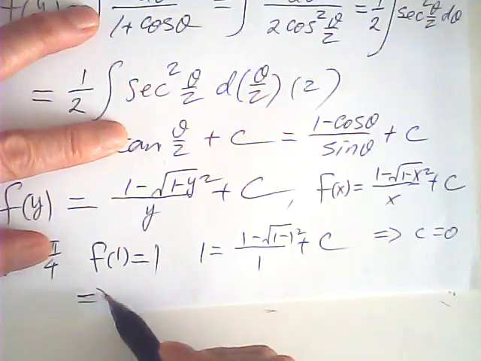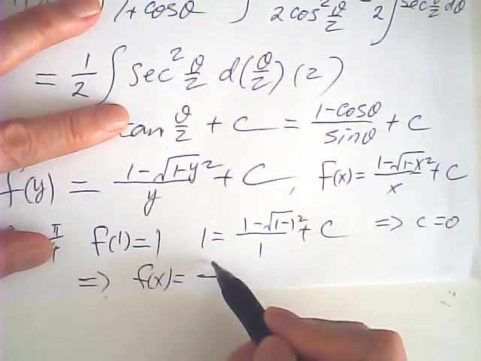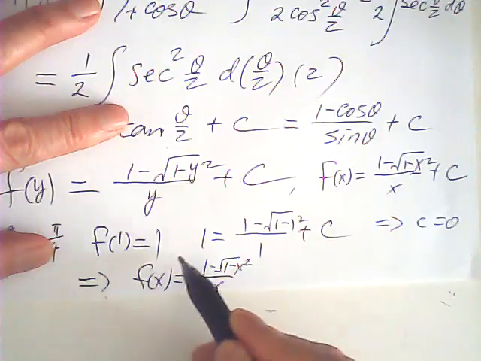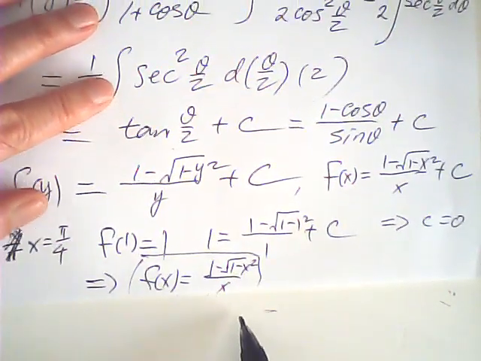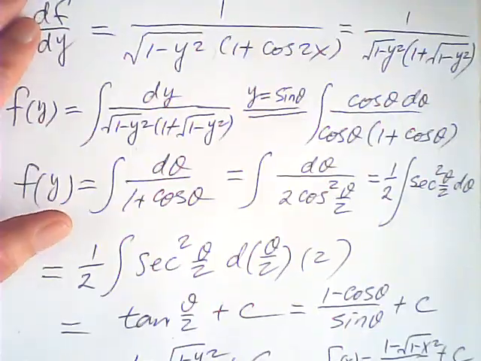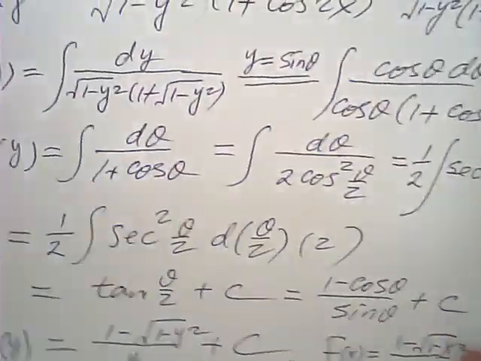Therefore, f of x is equal to (1 minus square root of 1 minus x squared) over x. Yeah, that is my answer by method 3. Excuse me, the answer is written so small. But anyhow, this is method 3.